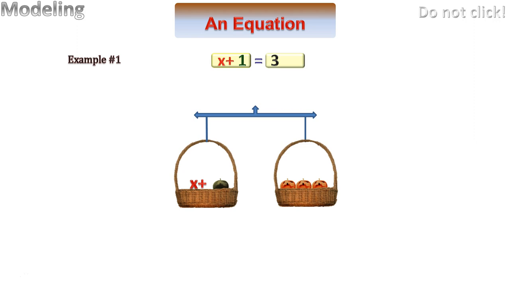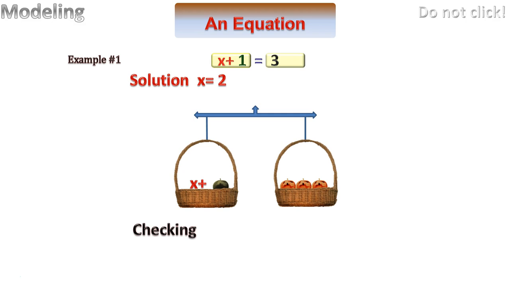And we replaced 2 red apples by the heavy object x. So now x is 2, and x is a solution. To be sure that x equal to 2 is a solution, we need to check.